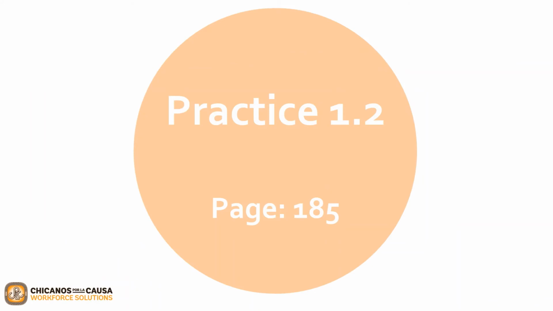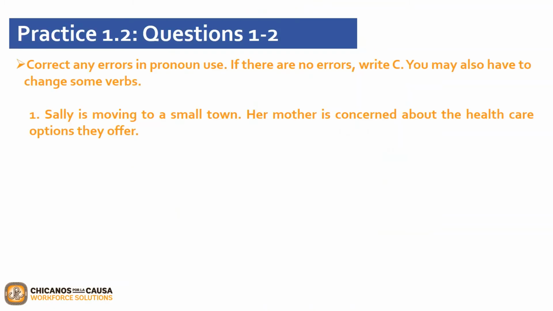Now that we have reviewed pronoun-antecedent agreement, let's move on to practice 1.2 found on page 185. The first question states, "Sally is moving to a small town. Her mother's concerned about the health care options they offer."